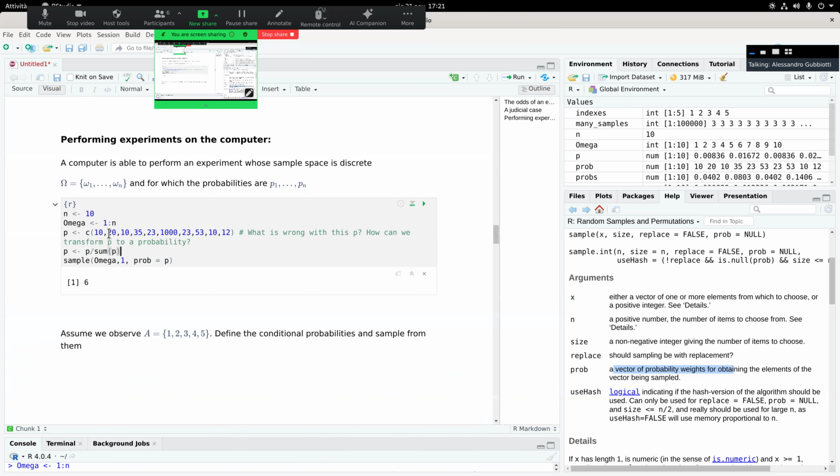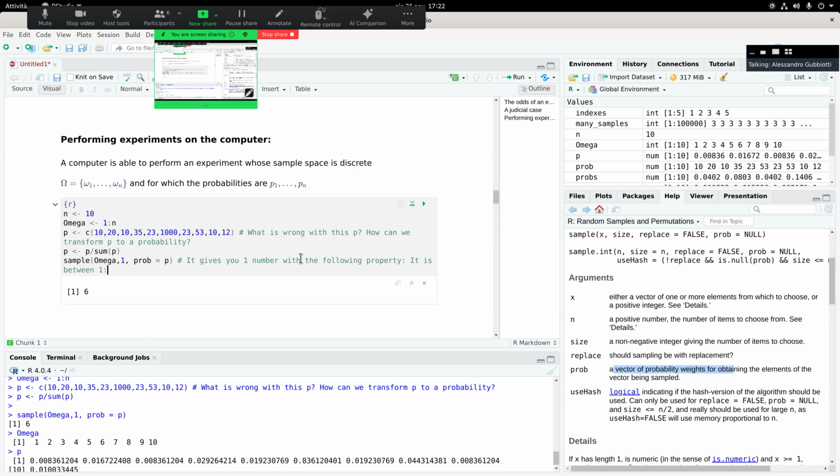It is between 1 and 10, because omega is between 1 and 10, and we put omega here. So it gives you a number that is in omega. Sample takes one number in omega, and we gave to them p.